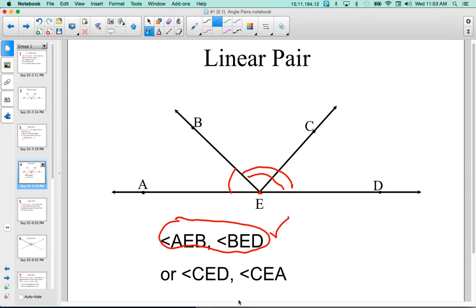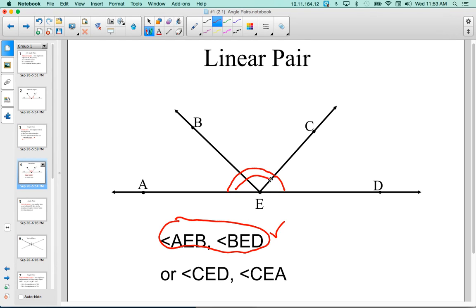Let's look at CED and CEA. CED is here, and CEA is this angle over here. Are they adjacent angles?